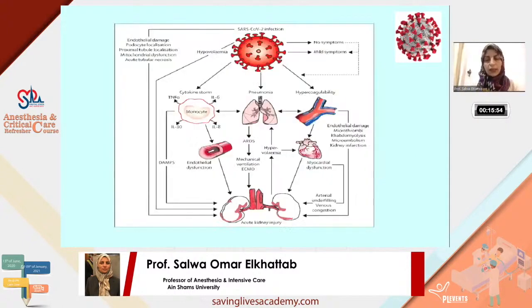This nice diagram shows the possible mechanisms of acute kidney injury in a COVID patient. It might be direct hypercoagulability produced by the infection, which can directly affect the kidney, or affect the kidney secondary to affection of the heart or to affection of the lung. It might be a direct endothelial damage, or secondary again to cardiac affection or pulmonary affection.